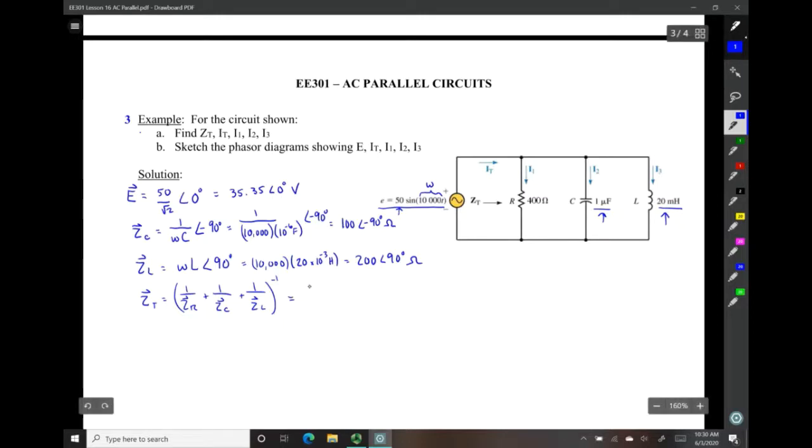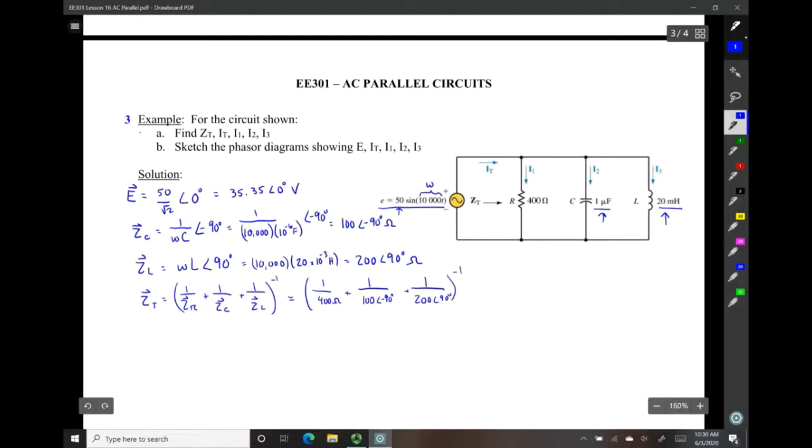So plug in our numeric quantities: 1 over 400 ohms plus 1 over 100 minus 90 degrees plus 1 over 200 ohms and a positive 90 degrees.